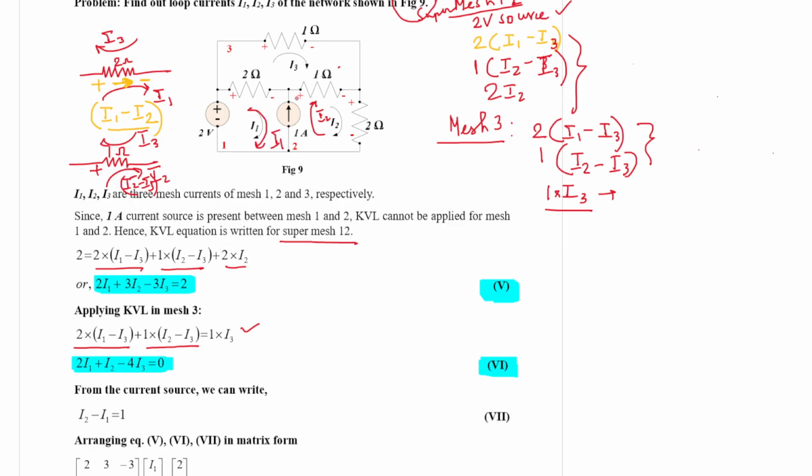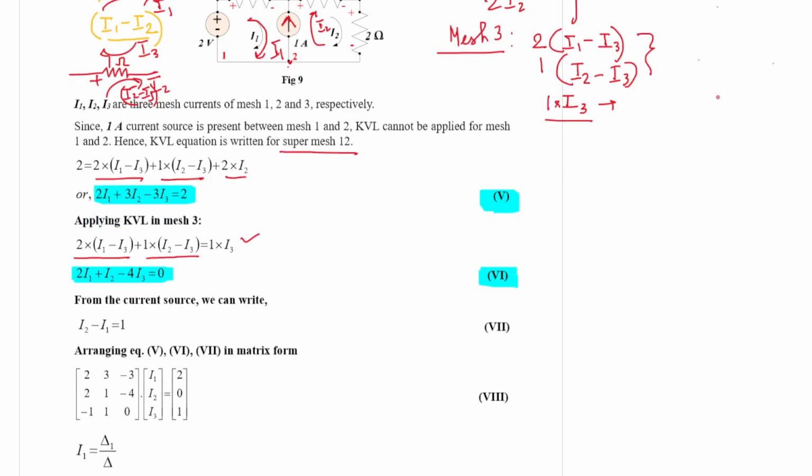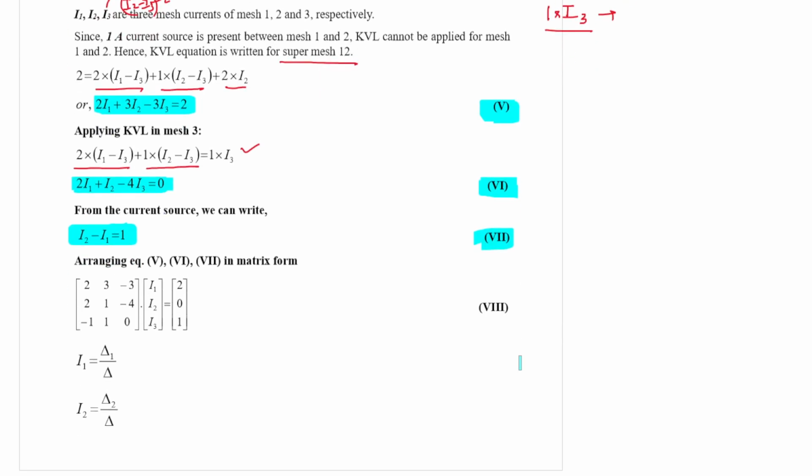So this 1 ampere is flowing from bottom to top in this direction. So this 1 ampere must be equal to I2 minus I1. That is our third equation, equation number 7. Now if you arrange these three equations, equation 5, 6, 7, in a matrix form, we will get this matrix.